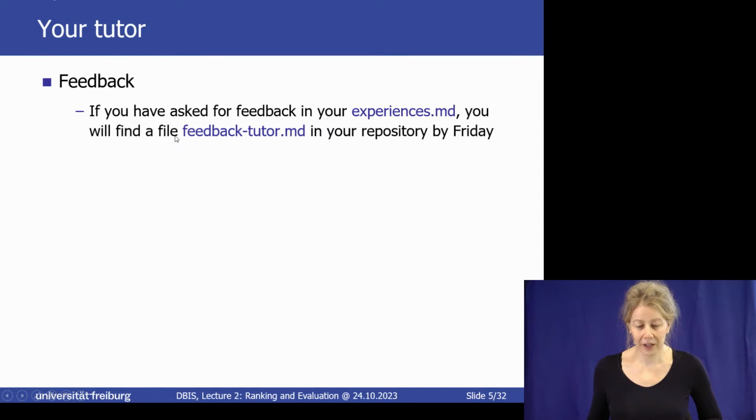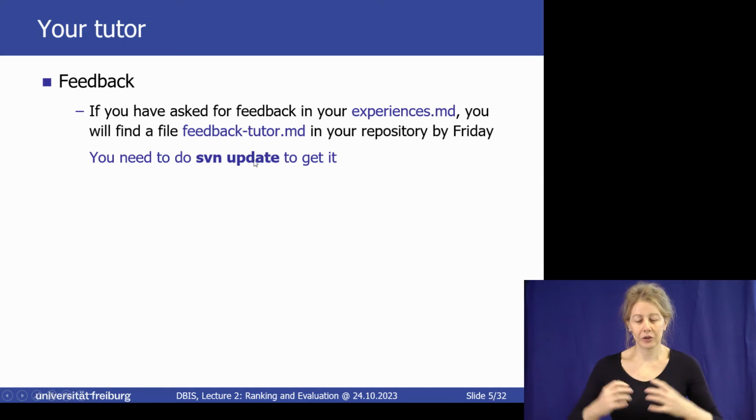So if you asked for feedback, you will find it in your repository in a file feedback tutor.md, and you get it by doing SVN update. Then you get the latest version of the repository from us. How do you know when you should do SVN update? Well, you could do it every minute.